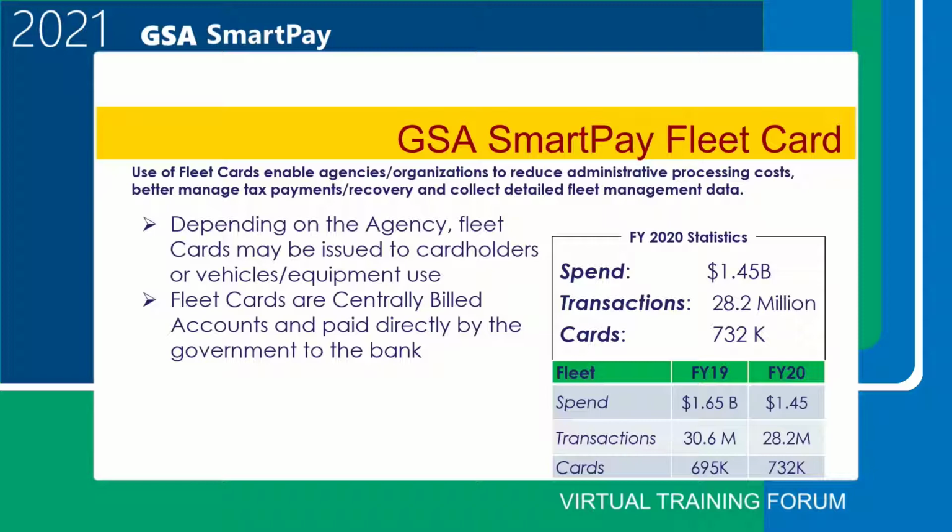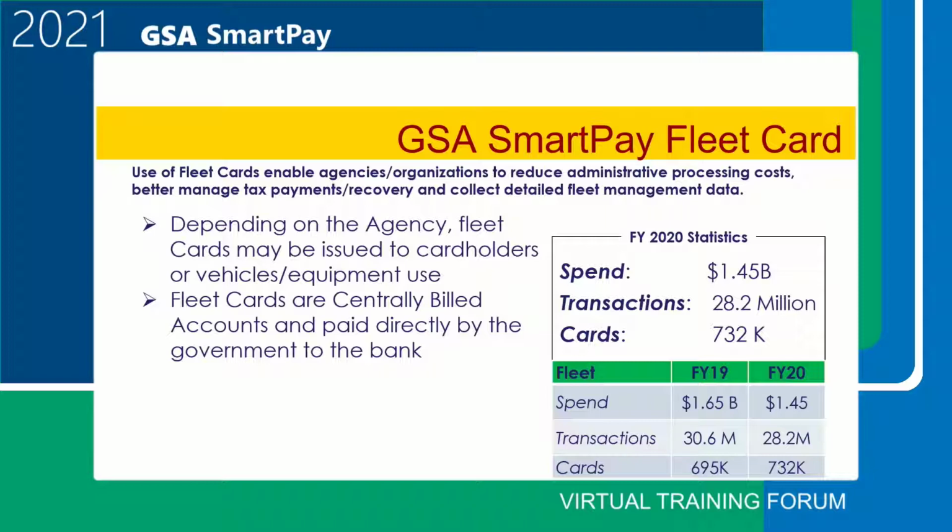The fleet cards are not issued to an individual cardholder, like your travel card or a purchase card would be. A fleet card always goes to an asset, so a vehicle or equipment type use. All fleet cards are centrally billed, so they're paid for directly by the government to the bank. There's no individual liability there. It's all paid for by your agency.